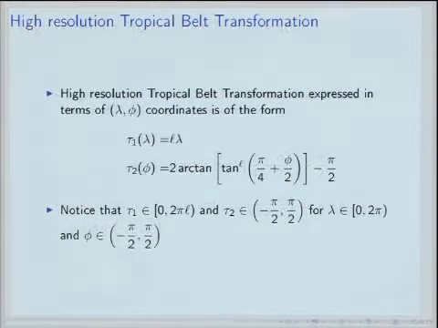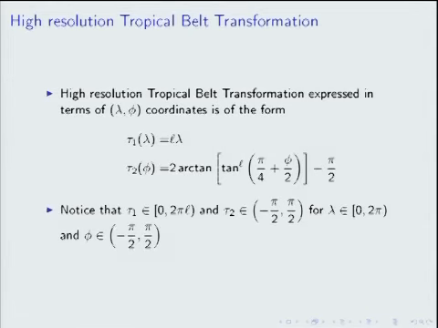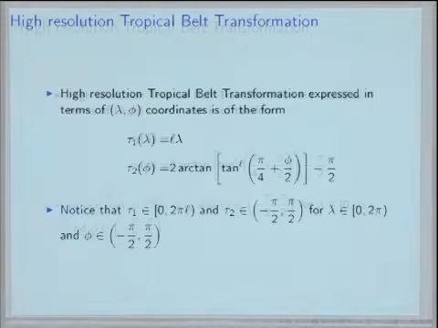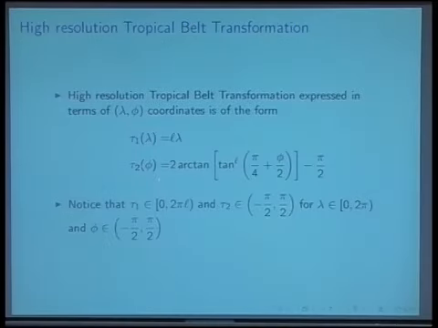You could notice that tau 1 ranges from 0 to 2 pi L, whereas we know that the longitude is generally taken to be 0 to 2 pi. This is something special, something tricky here. Whereas tau 2 is a transformation from pole to pole. How to utilize this is something that will be interesting to see.